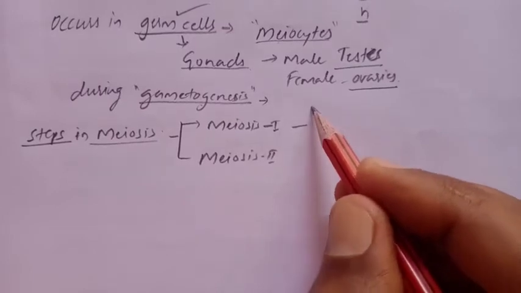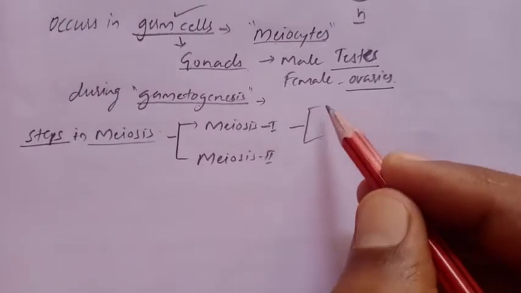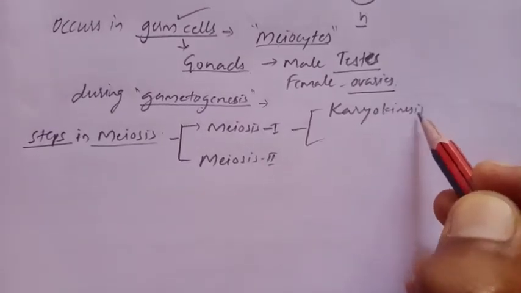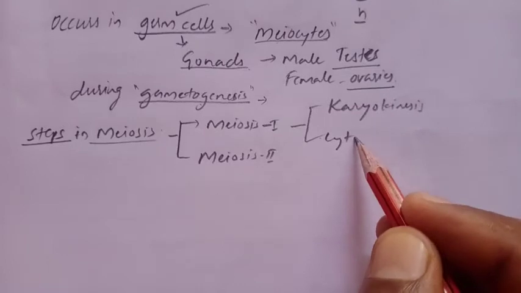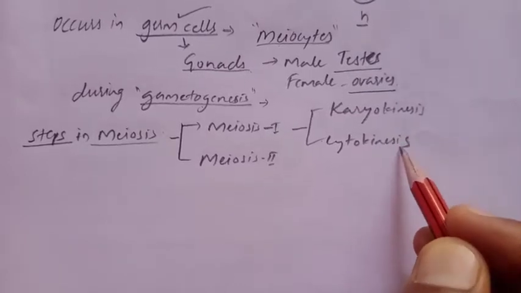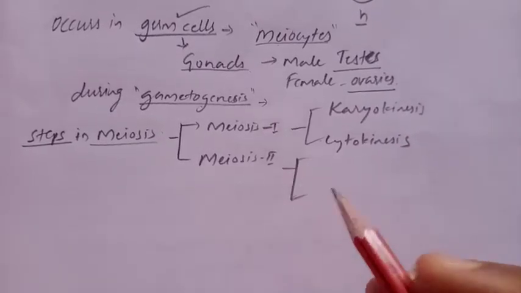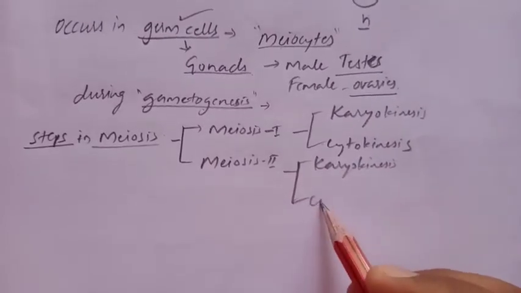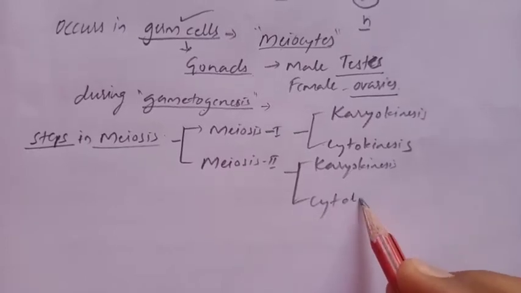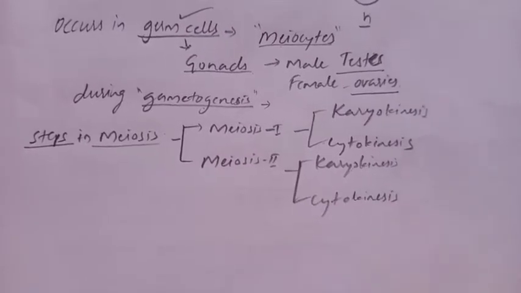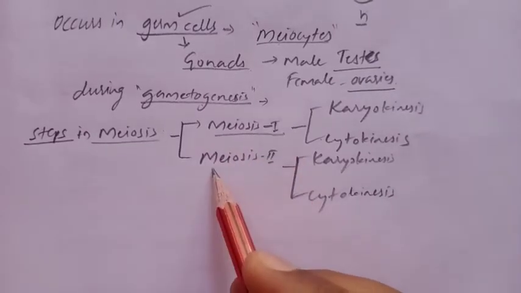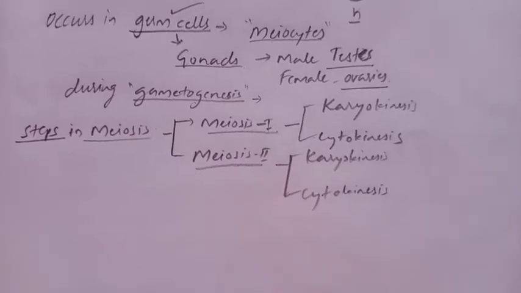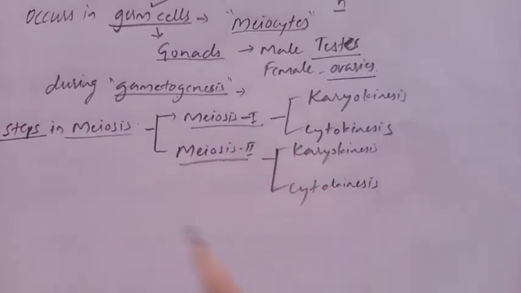In meiosis first we observe karyokinesis followed by cytokinesis. Here also the same thing, karyokinesis followed by cytokinesis, in both meiosis first and meiosis second. This is somewhat a flow chart by which we can remember the steps.